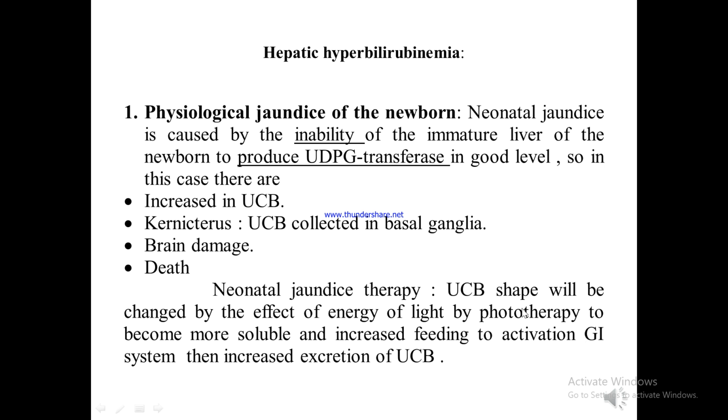In phototherapy, the shape of unconjugated bilirubin will be converted or undergo a conformational change to form a soluble compound because of the effect of the energy of light by phototherapy. Activation of the GI system is by increasing the feeding. When the feeding of the baby is increased, there is an associated increase in excretion of unconjugated bilirubin.